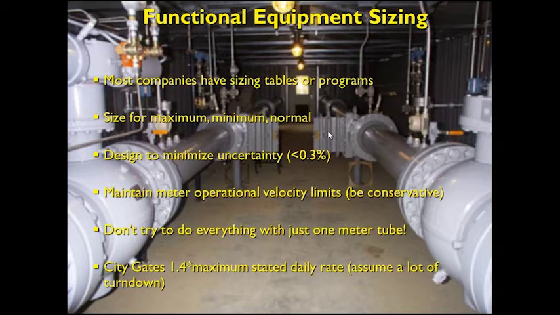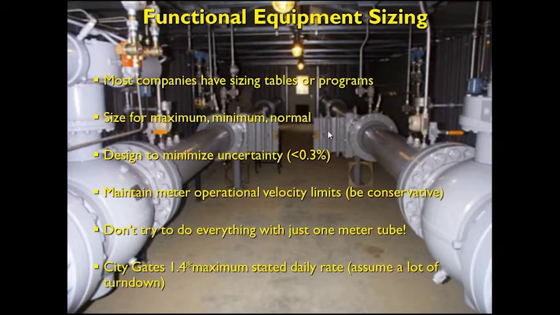We'll go on to a discussion now of functional equipment sizing. Most companies have sizing tables or programs. When you're sizing facilities, you want to consider the maximum, minimum, and normal flow requirements. Usually this is a maximum at minimum pressure and a minimum at maximum pressure.